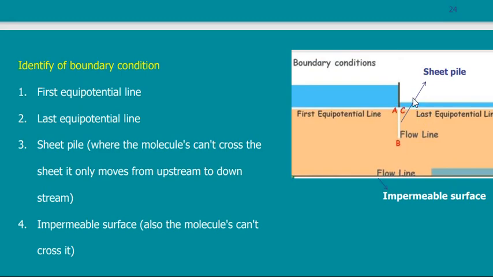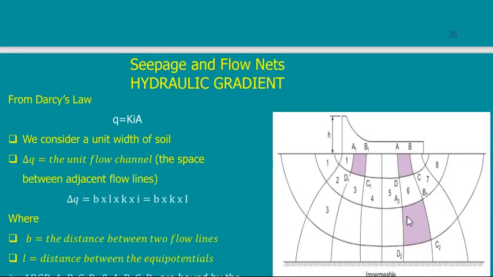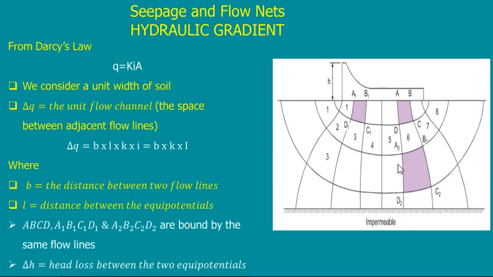Is it zero? As we said that we should do this in case we are designing a storage structure, or it is just I'm studying a case of water flowing, so there will be an exit gradient. This is how we draw the flow net.